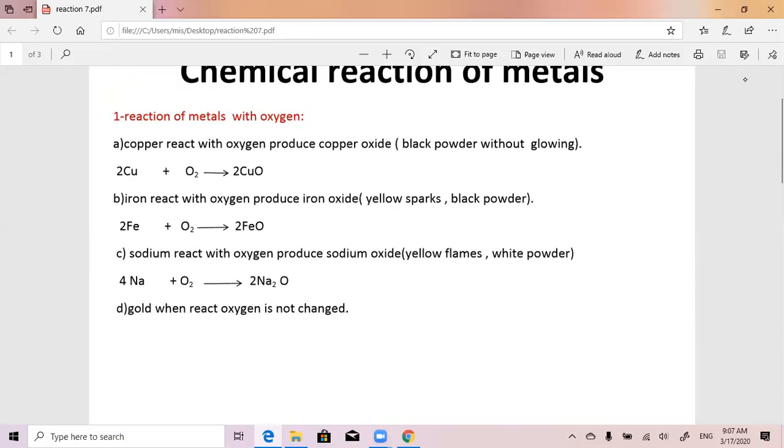This reaction is represented by the following equation: Cu plus O2 gives CuO. To balance the equation, put 2 before Cu and 2 before CuO.